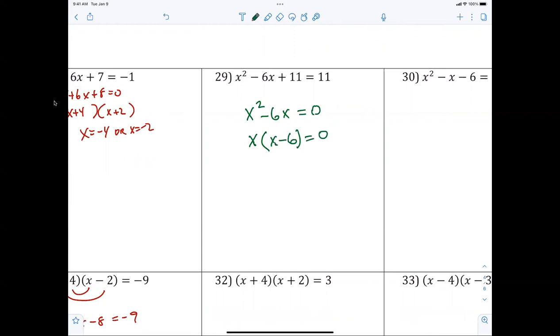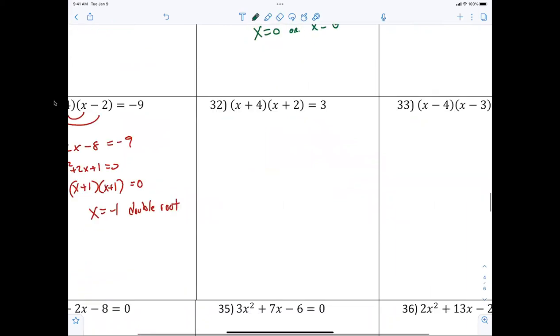Then x equals 0, or x equals 6. Yes. Set the factors equal to 0 first. And then the first one is already solved for us. So it's just x equals 0 or x equals 6. Anybody have any questions with that?